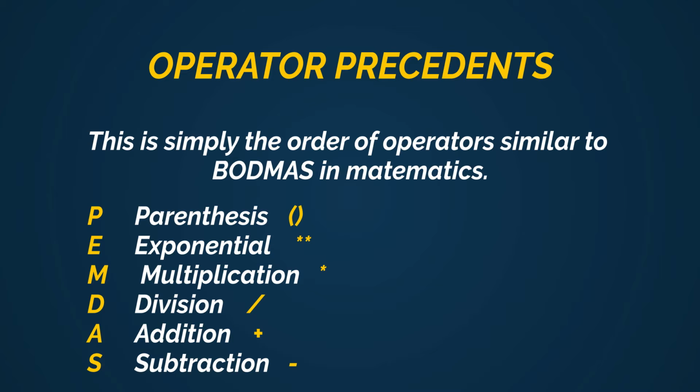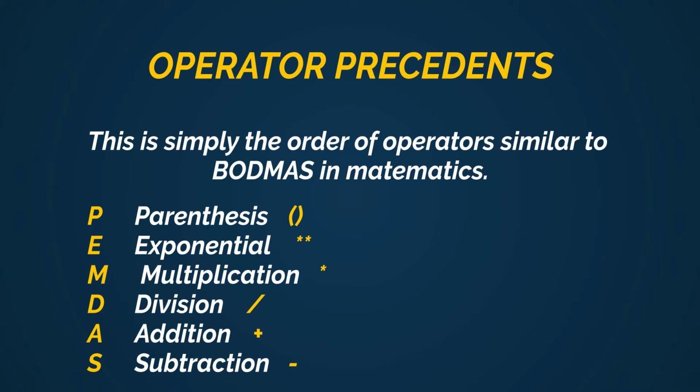The E stands for exponentiation, just like order, to raise something to the power. The M stands for multiplication, the D stands for division, the A stands for addition, and the S stands for subtraction. So these are the major arithmetic operators in Python.